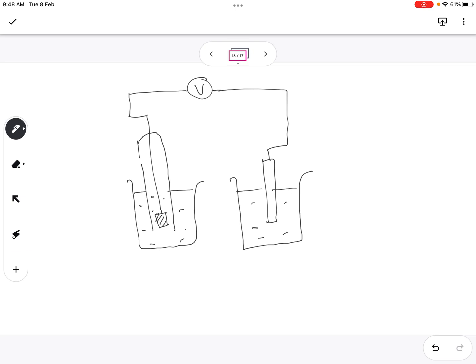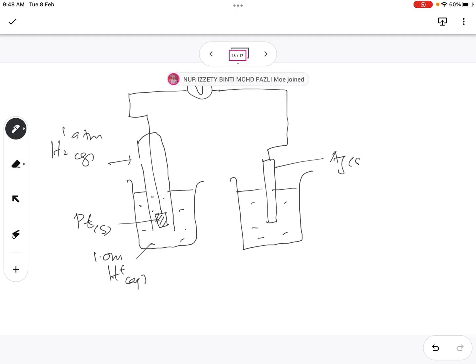Okay. Hydrogen gas 1 atm. Then this one platinum electrode. Okay. Sini H plus 1 molar. This is silver electrode. This is silver nitrate. Silver nitrate 1 molar.